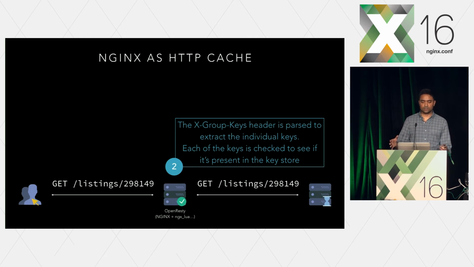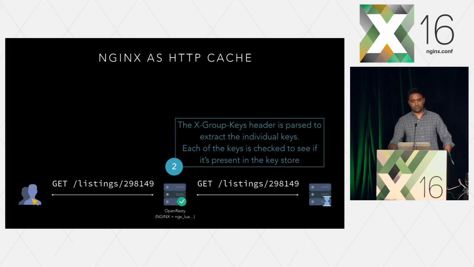The other thing that's important to note about this model is that the responses are actually never purged. They're only marked as invalid based on the keys that they're tagged with. So each time we load the response, we also have to check, is this response still valid?